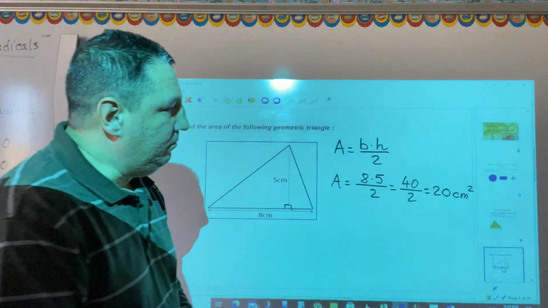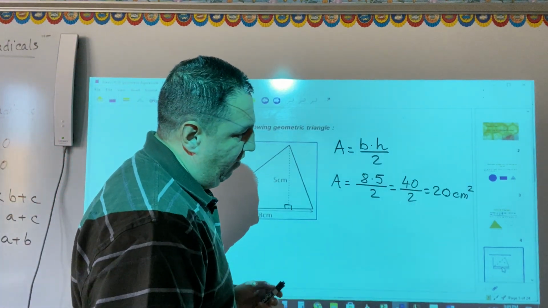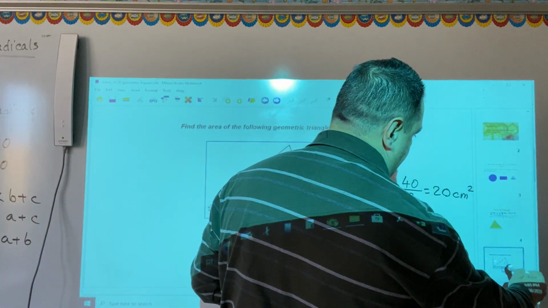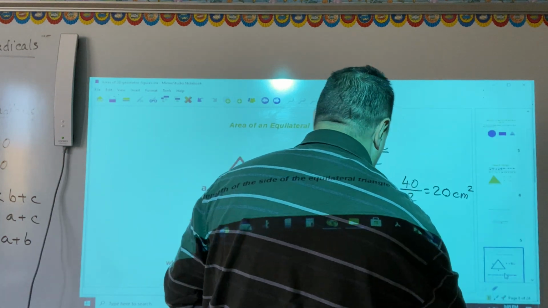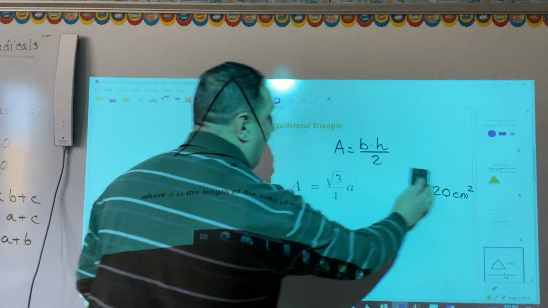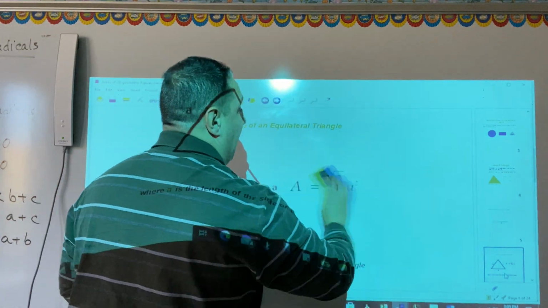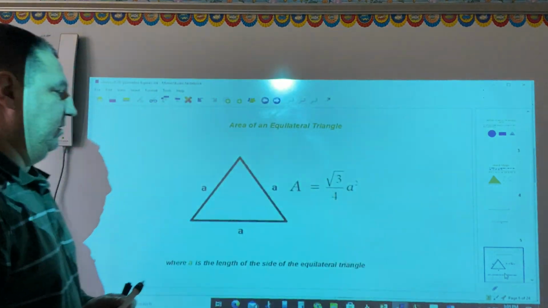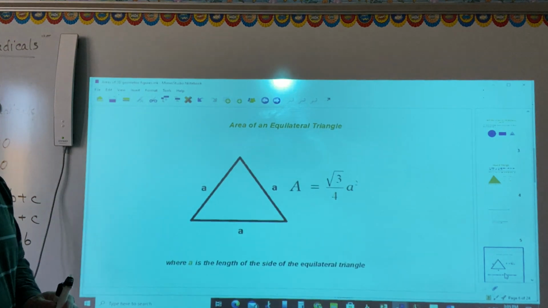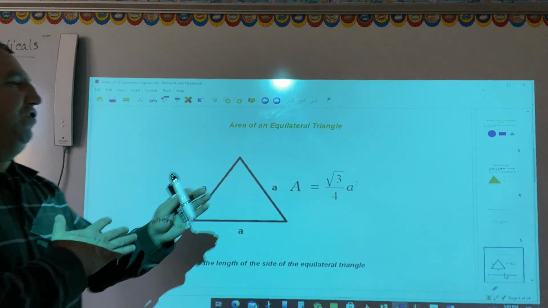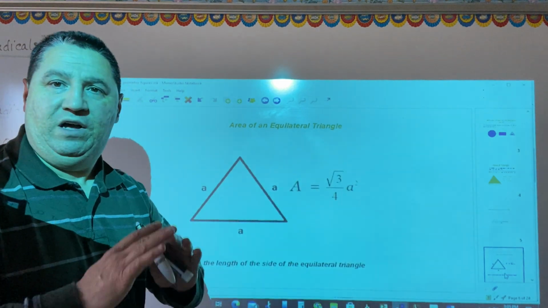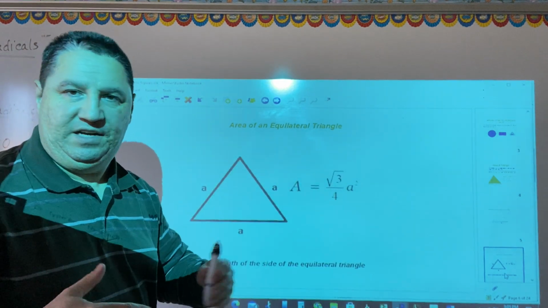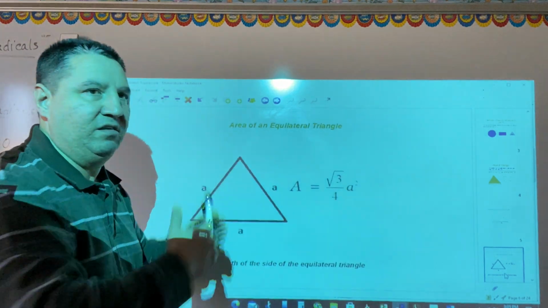Good. Let's move on to another slide. Let's talk about area of an equilateral triangle. So we'll not prove this formula. We take it as it is.